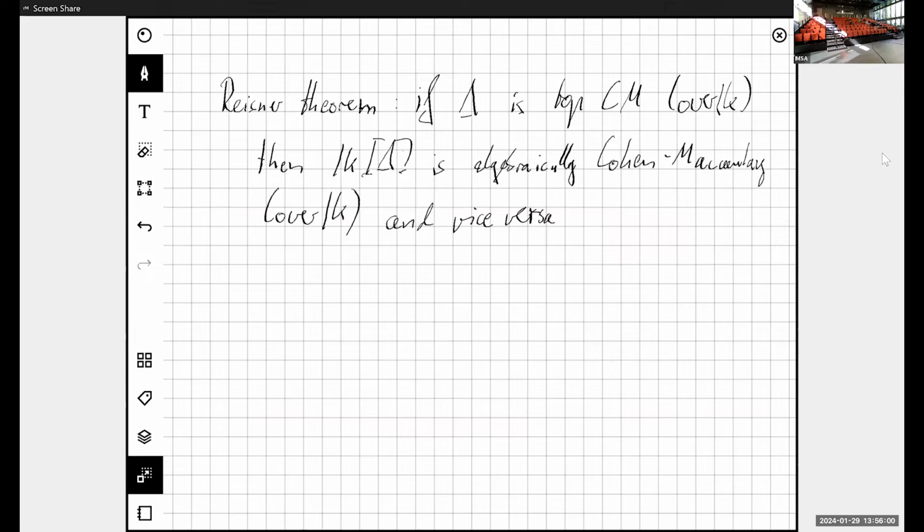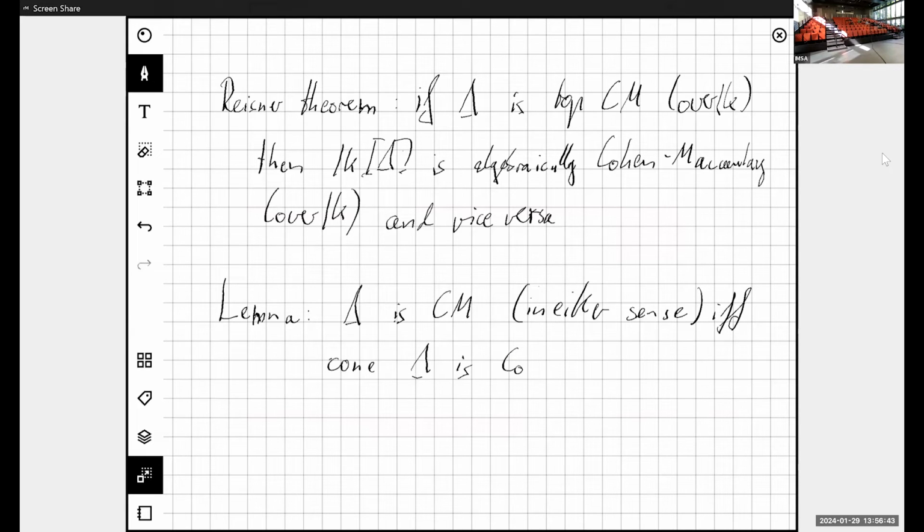And I will try to sketch the argument. One lemma I will use is that, let me state it the following way: delta is Cohen-Macaulay in both senses, in either sense, if and only if the cone of delta is Cohen-Macaulay. So, all right, what is a cone of a simplicial complex?